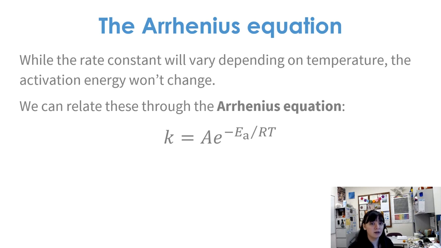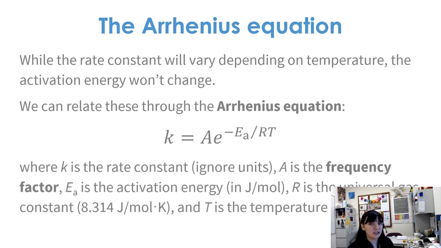This says that the rate constant of a reaction is equal to A, which is known as the frequency factor, times e, the mathematical e, to the negative activation energy divided by RT. Now, R here is the universal gas constant, which you have seen in previous chapters, like in the ideal gas law and some other applications as well.